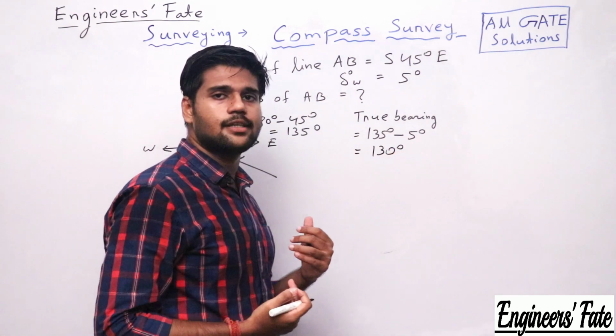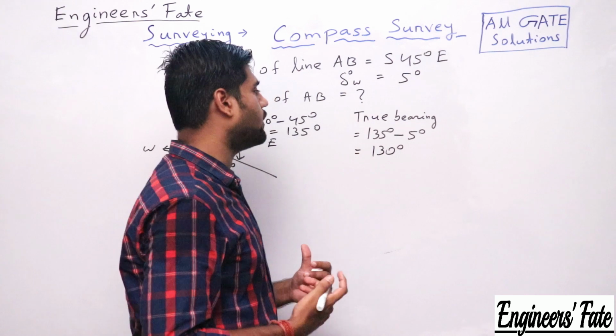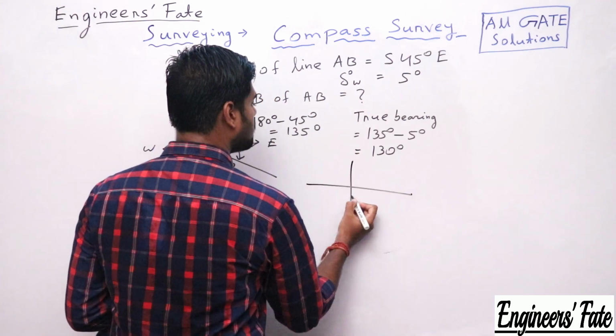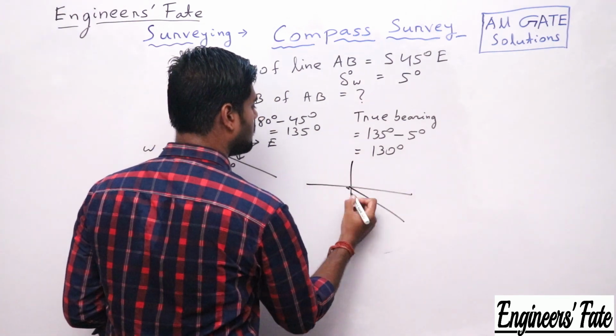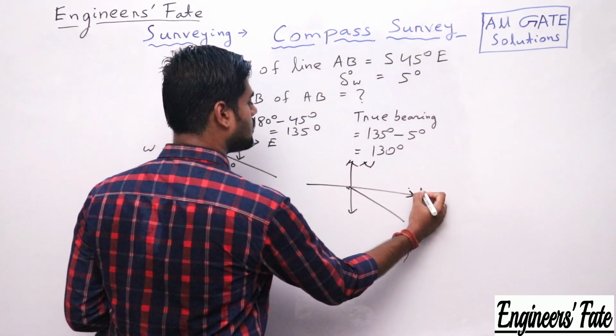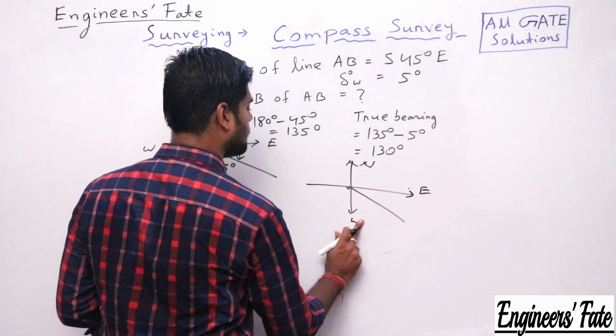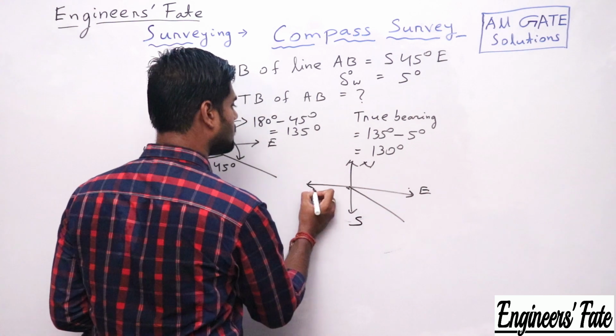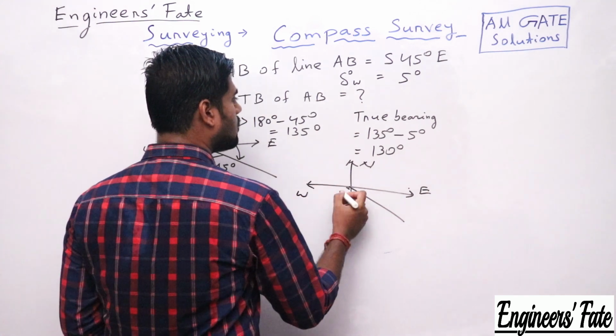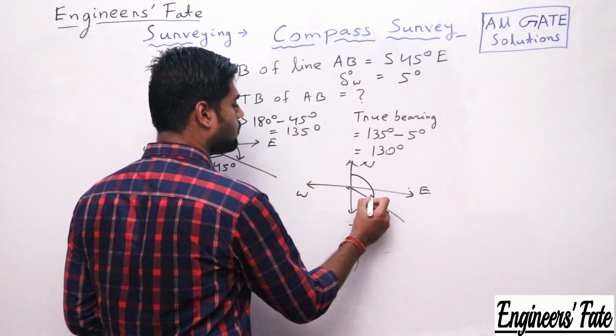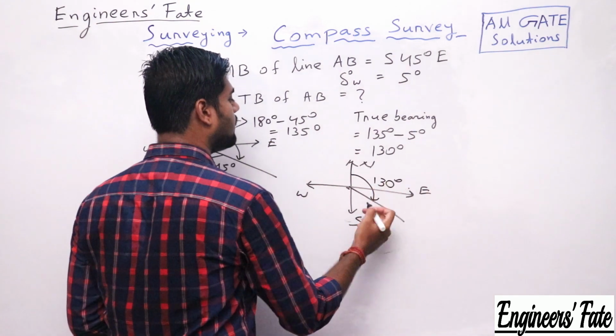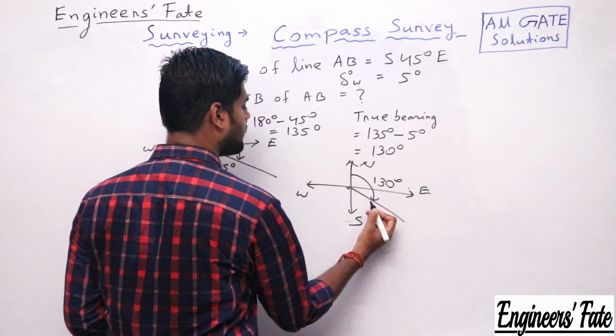Now again convert this 130 degree into the quadrilateral system of bearing. This is north, east, south and west. From north this is 130 degree, and what will be the quadrilateral bearing from south?